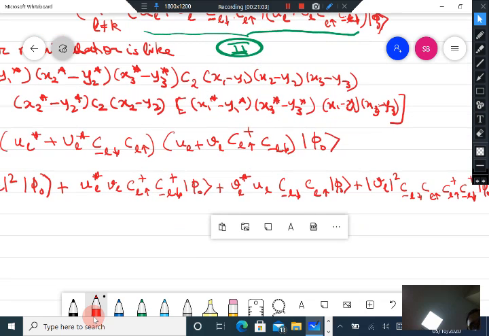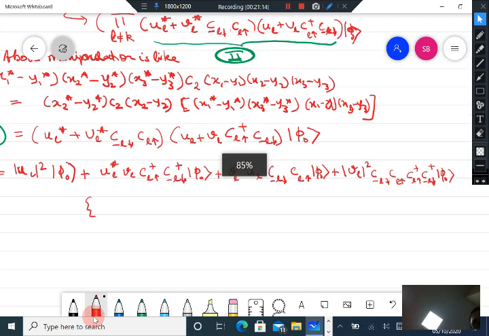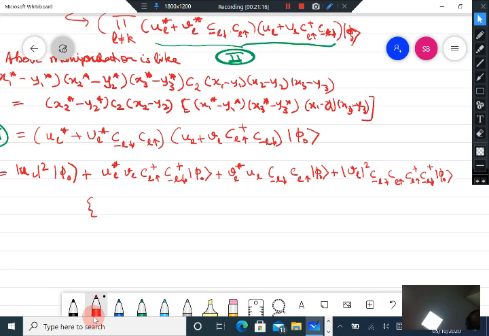Now in this expression we have to start using the anti-commutation rules. The anti-commutation rules that we will use are: {c_l↑, c_{-l}↓} = 0, which implies c_l↑ c_{-l}↓ = −c_{-l}↓ c_{+l}↑.